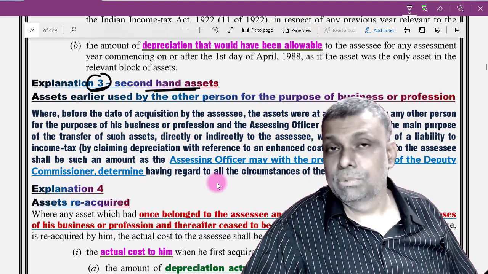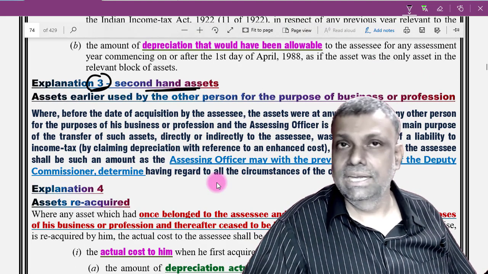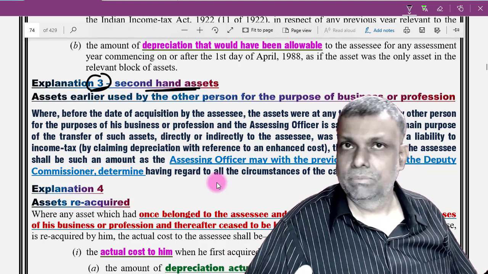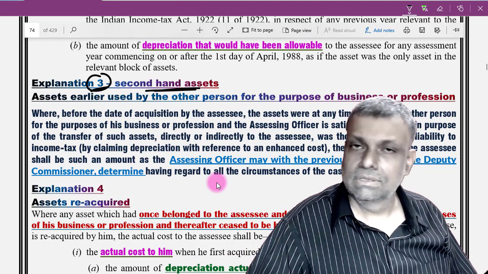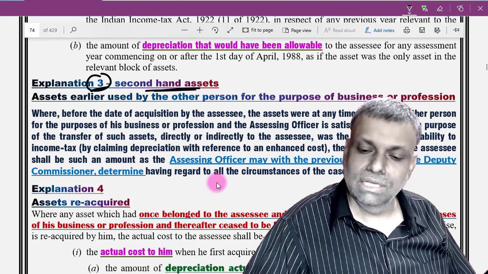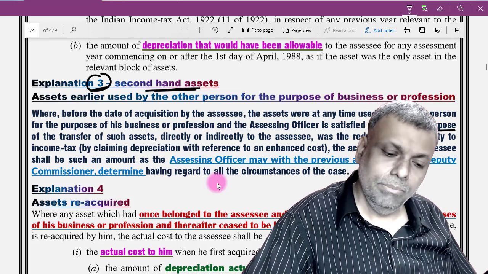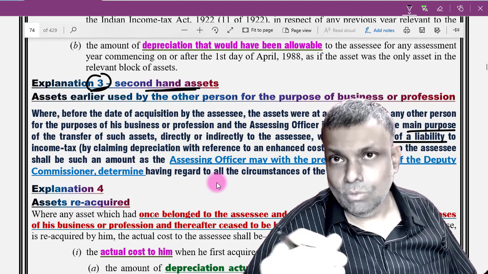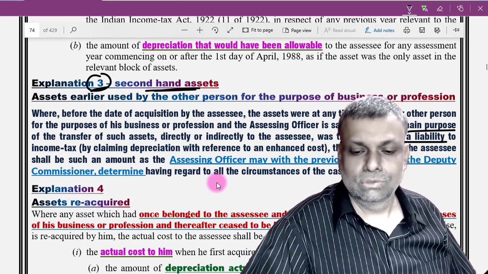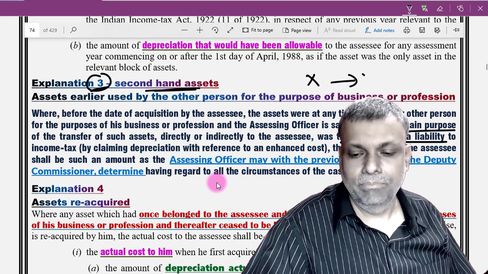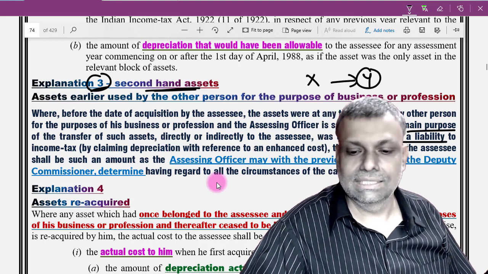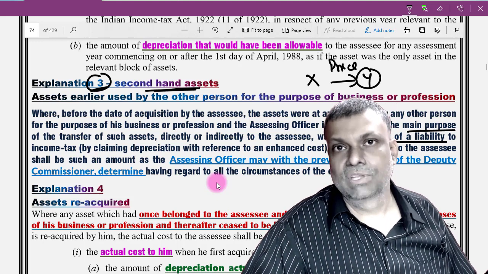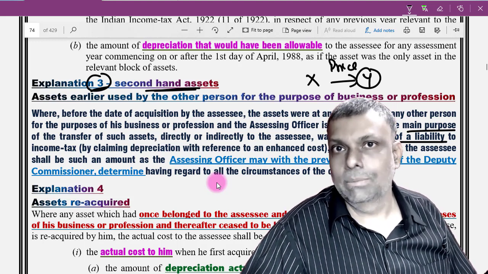Explanation 3 says that wherever there is any second-hand asset, what will be the cost? The law says that if the second-hand asset transaction is done with a main purpose to reduce your tax liability, that means you are overinflating the costs. So X is selling the asset to Y. Y has purchased the second-hand asset. If the price is a very escalated price, that escalated price means escalated depreciation.